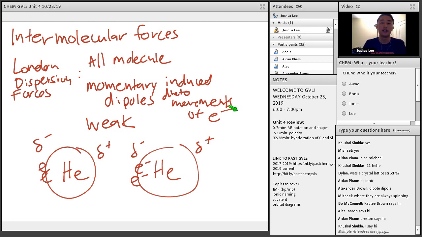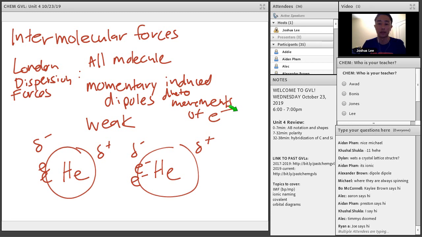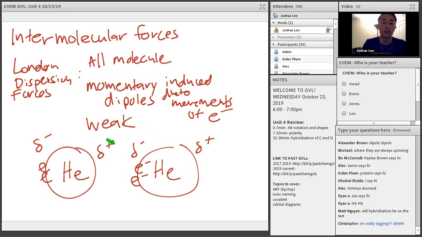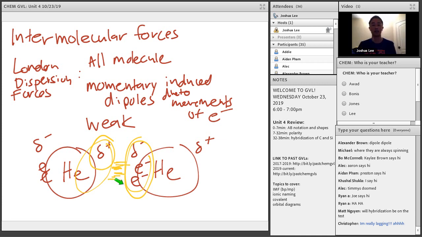So in this case, the left side of helium is going to be slightly more positive. So for this split second, the positive side of helium is going to be attracting the negative side of this helium. So then there's this small little force keeping these helium atoms together.